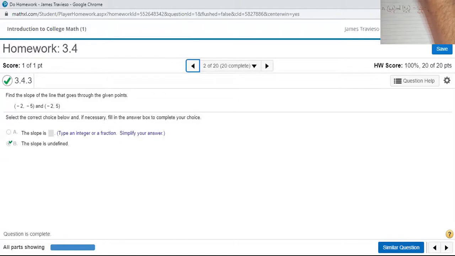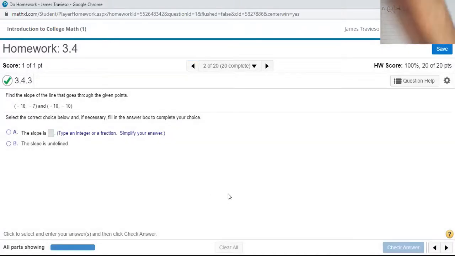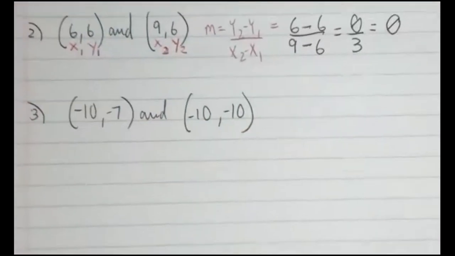So let's look at this problem right here. This is more traditionally how you're going to see it. The points are -10, -7, and then -10, comma, -10. And we are looking for the slope here.